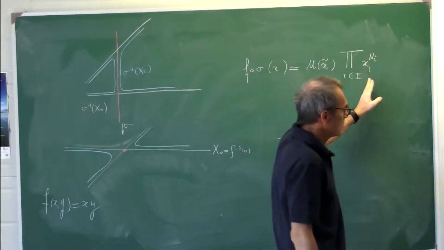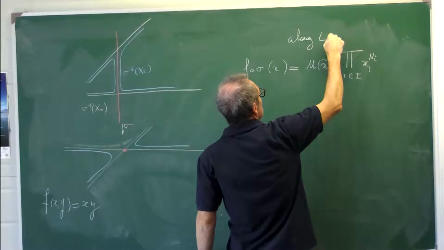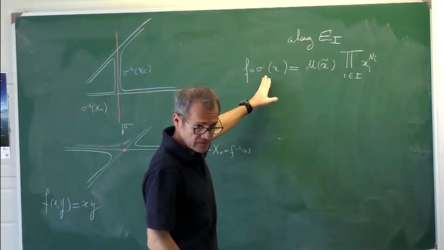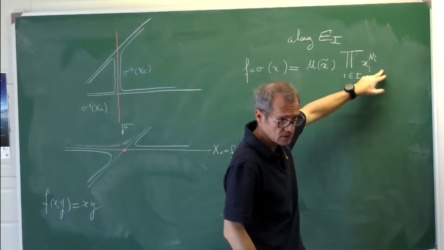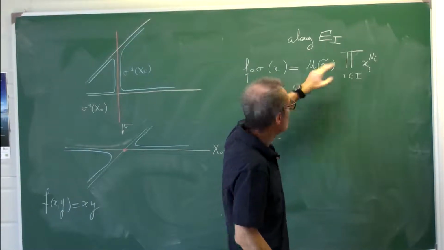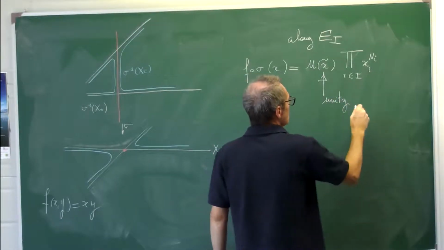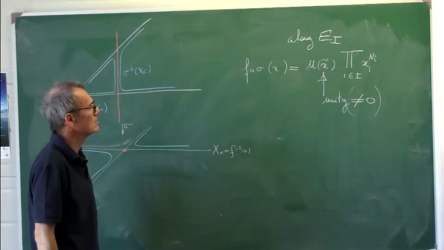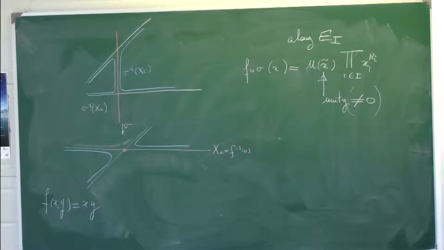Along some stratum given by the set of indices capital I, the composition of f and sigma is given by powers of the coordinates of EI multiplied by some unit, which is by definition not zero over the open stratum.